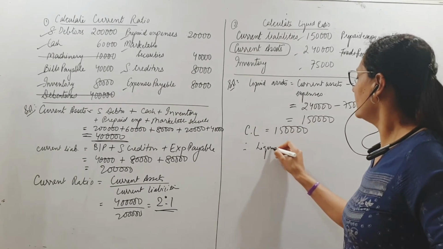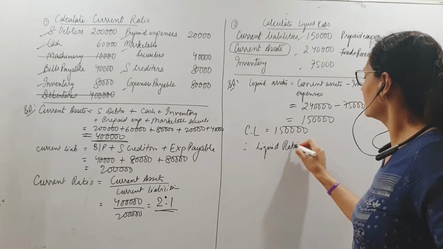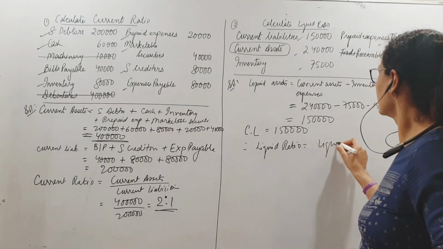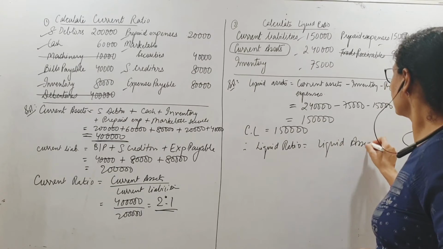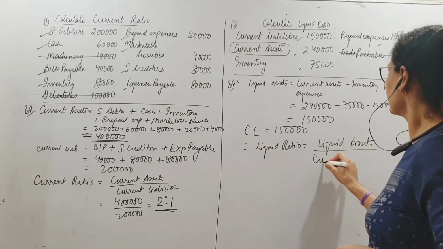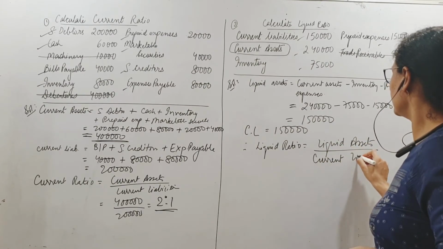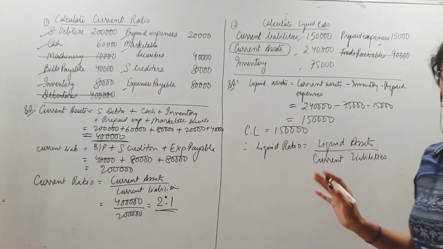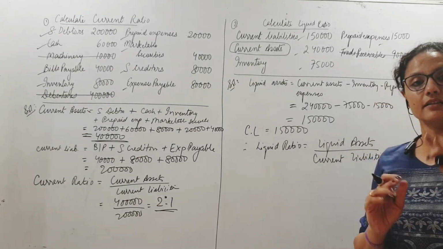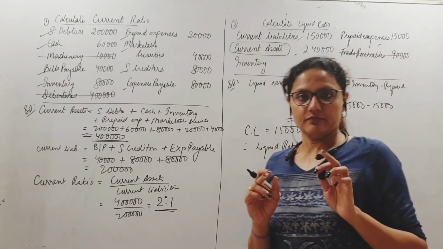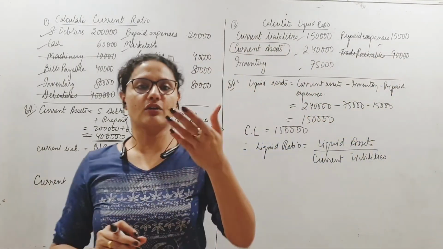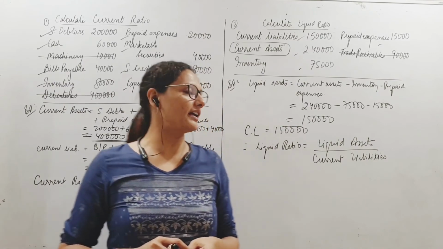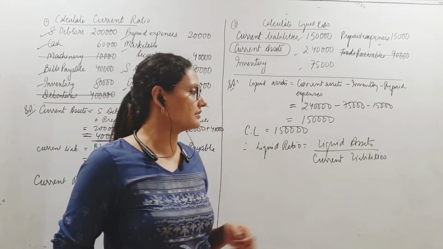Therefore, your liquid ratio is equal to liquid assets by current liabilities. Children, please use the correct terminology for writing ratios. You can refer to the syllabus which is given in your book or your ISC syllabus, the book that you must have purchased.